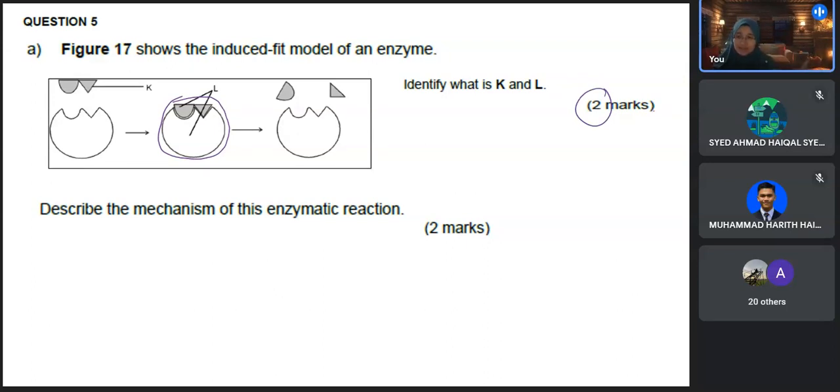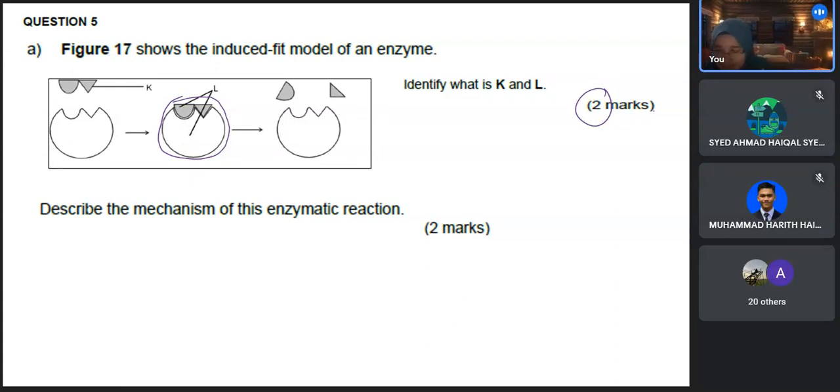For the second question, describe the mechanism of this enzymatic reaction. If you can see in the diagram, the active site is not exactly complementary with the shape of the substrate.